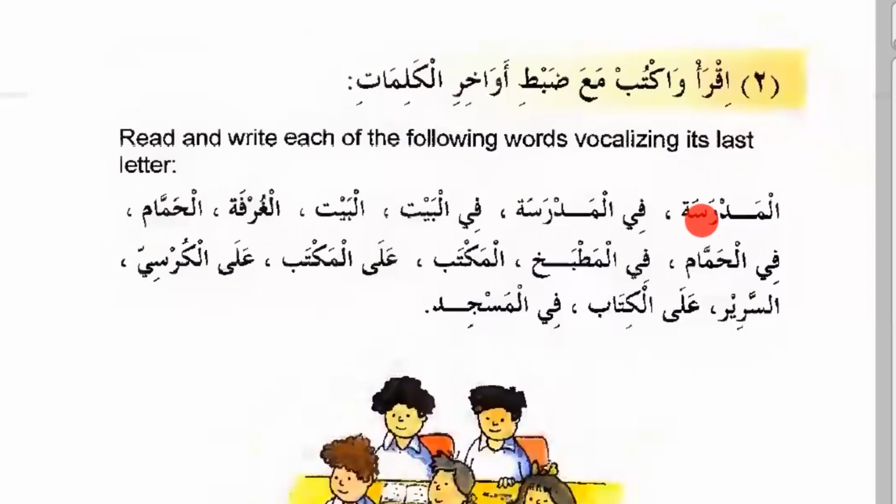We said that in the normal form, it's going to have Dhamma. But if it is having Fatha or Kesra, know that there is a particular condition that has resulted in it. So the default form is not Fatha or Kesra on the last letter, but Dhamma. And we said one of the conditions that can make a noun have Kesra.